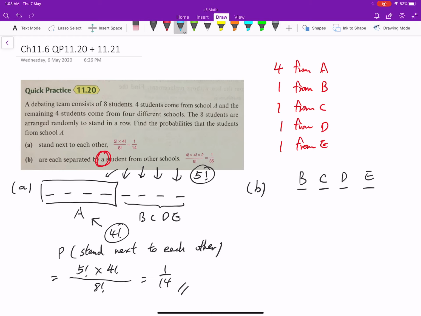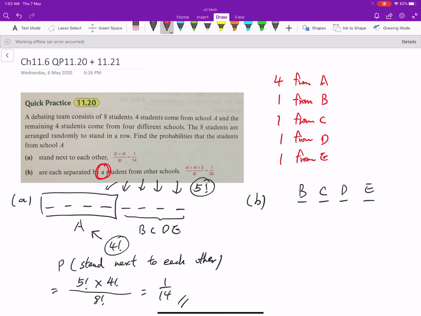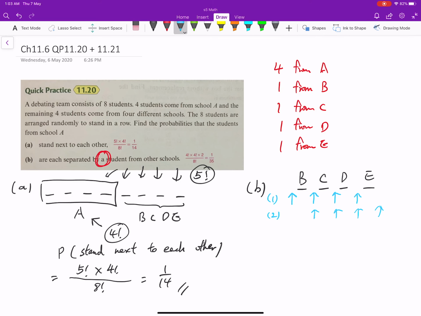Now you have 5 spaces, right, to put the students in A. So one possible choice is you put this here, right? And this is case 1. And the second case, you can put here. Such that these students are separate by 1 student from other schools only.